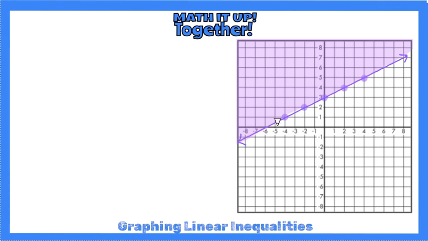We know that because this line is solid, we are talking about either this or this. We don't know which one yet, but we know that it has the equal to part because the line is solid. And then we can use some of the knowledge we have from linear equations to come up with the equation of the line.